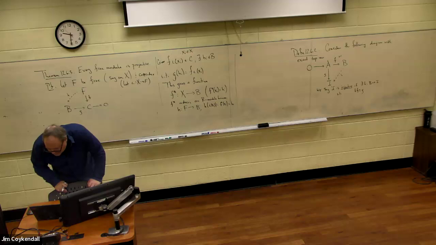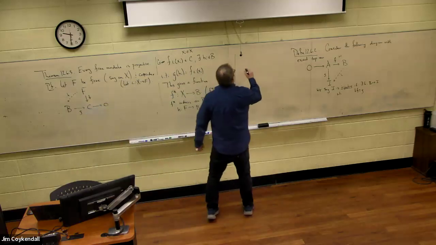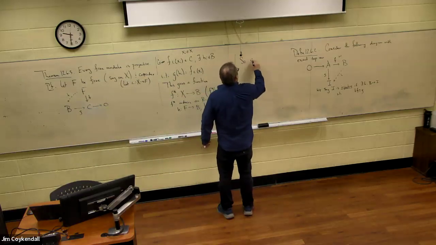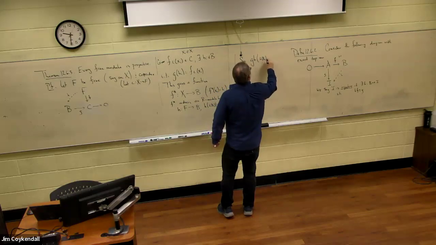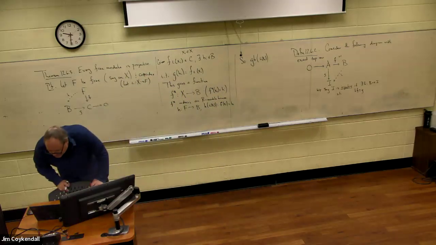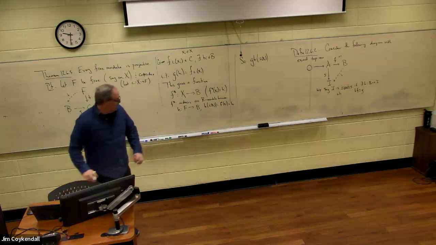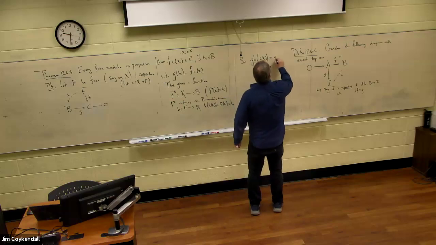So, we can wrap this up now. If you look at G H iota xi, then this is equal to G of bi.